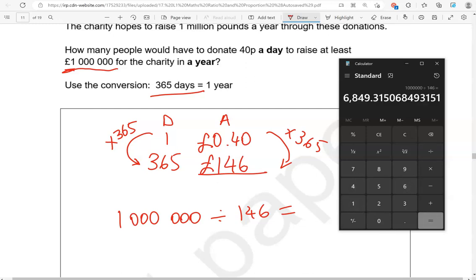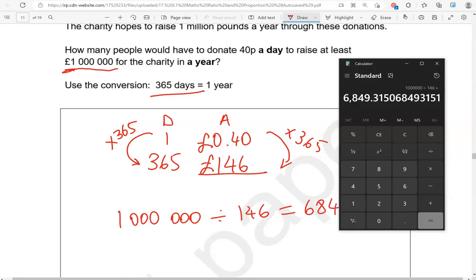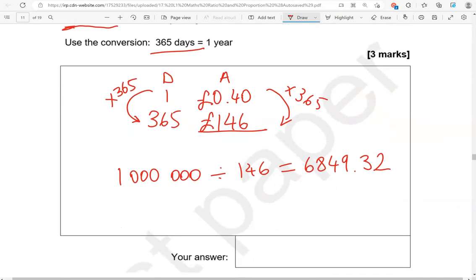Which is 6,849.32. I'm going to round it there for now, because we need to round to a whole number, because we're talking about people. We can't have part of a person.